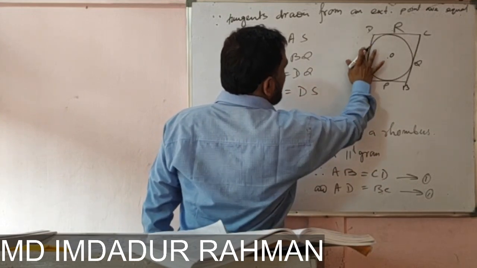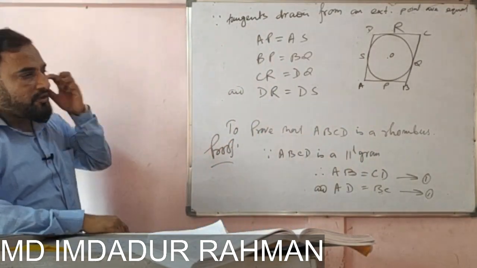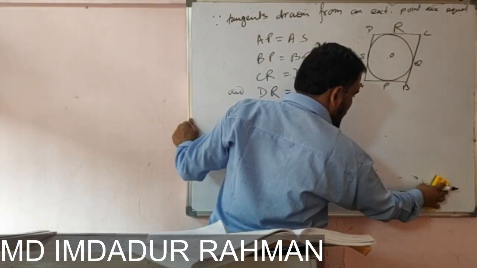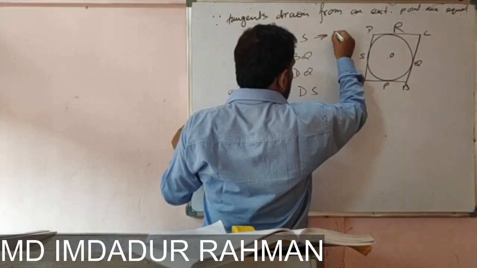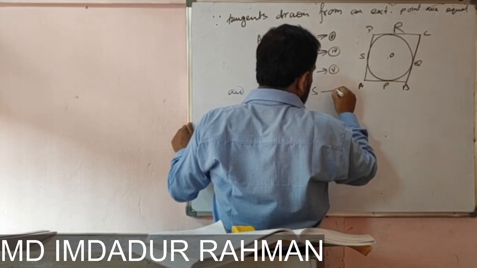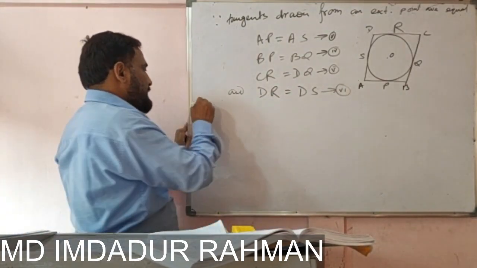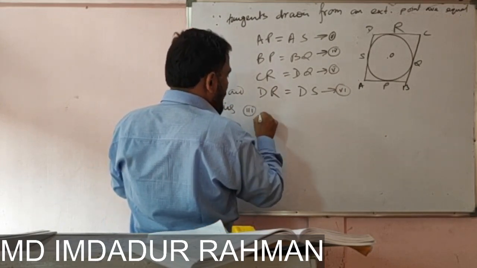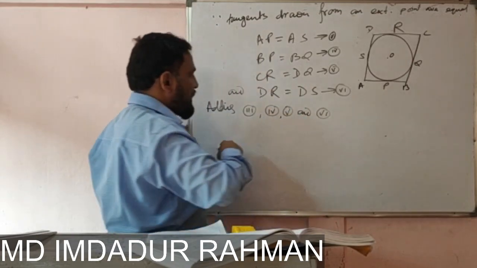So we mark these as 3, 4, 5 and 6. If we add 3, 4, 5 and 6, what are we getting?